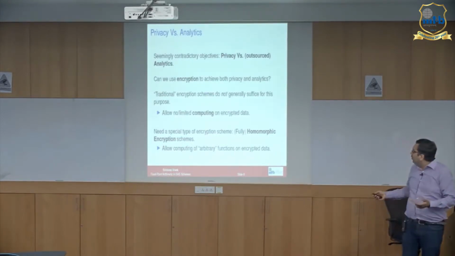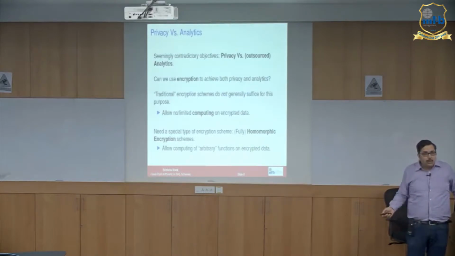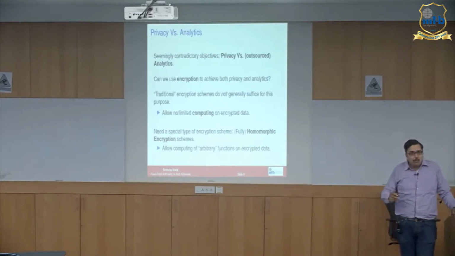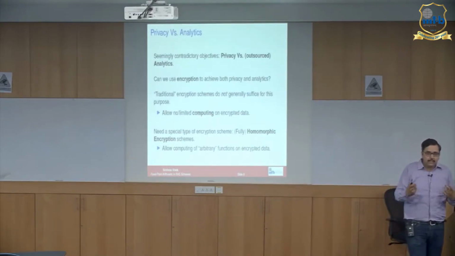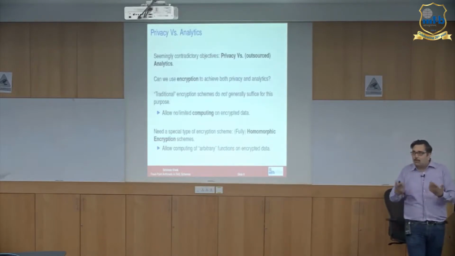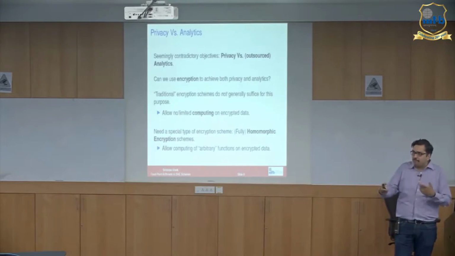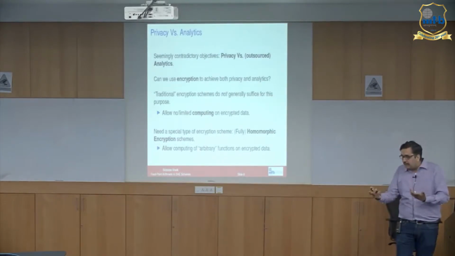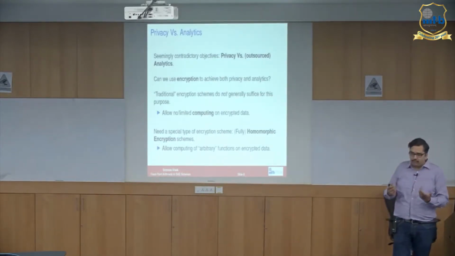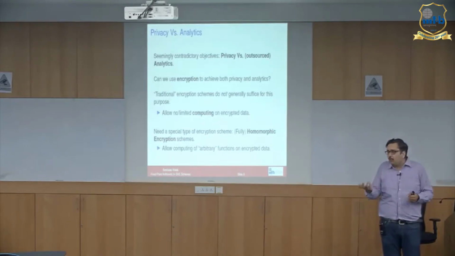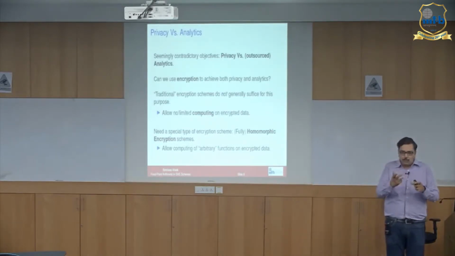So here we use a special type of encryption scheme called homomorphic encryption. Homomorphism is a notion from math and algebra. What it means in algebra is, suppose you have a map between two sets, a function.